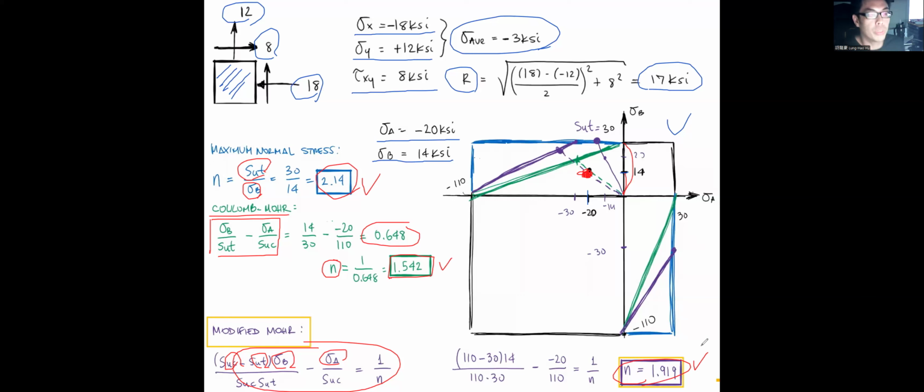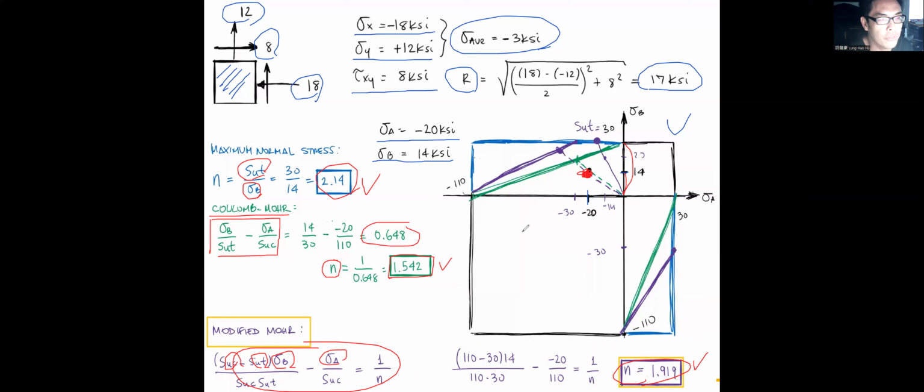Which one is the most conservative criteria? The first one, the maximum normal stress, because its safety factor is the highest value. That means we're going to use more material to manufacture those components.